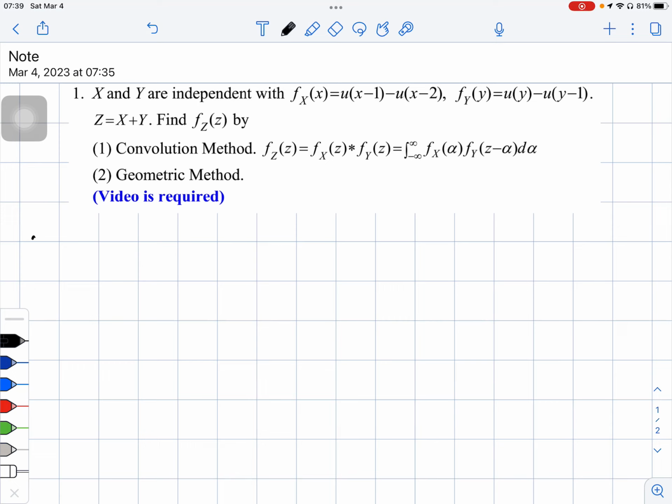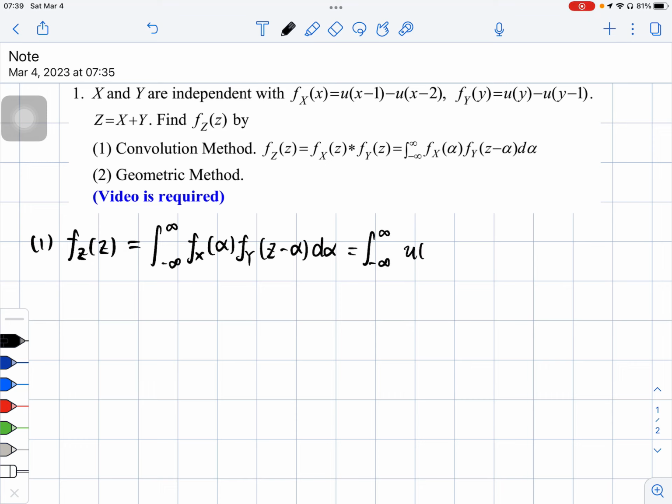We can know that Fz is the integral from minus infinity to infinity of Fx, Fy, c minus alpha d alpha, and it is something like this.